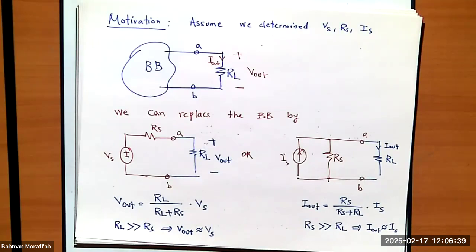What would have happened if Rs, in the case of the voltage divider, was much bigger than RL? It would be some number divided by Rs, which is pretty huge. What is your output? Your output would be negligible, very, very small, right? Which again corresponds to this guy, and confirms this one, I out as roughly Is, right?